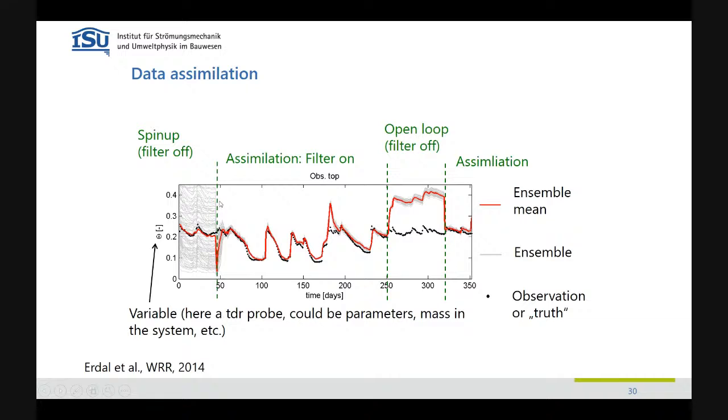In the first period, there are no observations taken. So this is just running the forward model. And the spread is very large. One does this to get the model into a reasonable state, let's say, with an initial condition. And then this filter starts and the observations are taken in, and what happens is what should happen. The uncertainty is reduced immediately, maybe even too much.